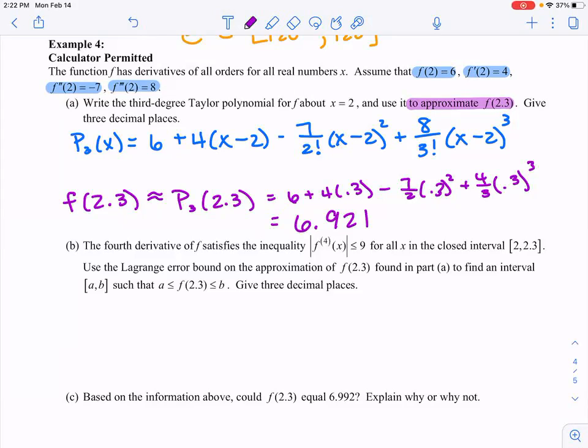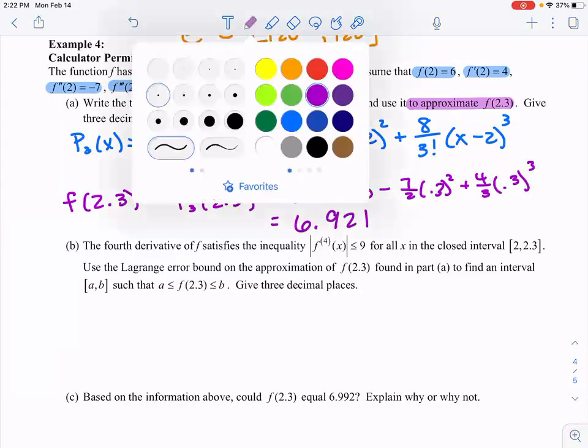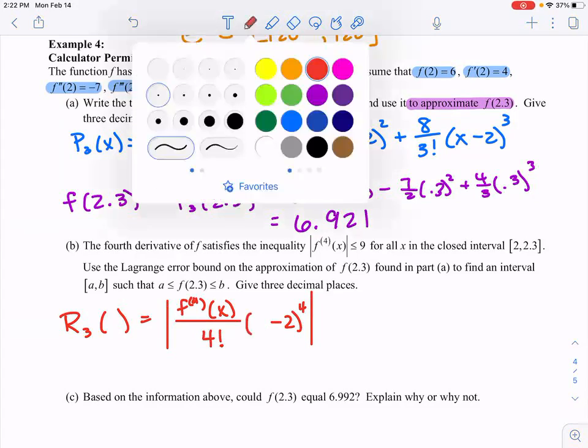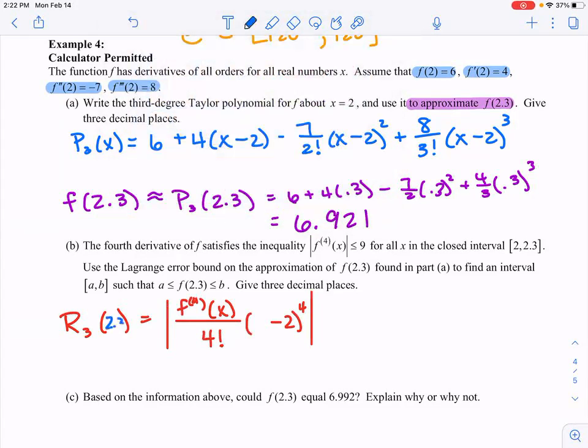So our Lagrange error: we wrote a third degree polynomial, so we are going to worry about the fourth derivative over 4 factorial times (x minus 2) to the fourth. Now, what number are we plugging in for x? It is 2.3.